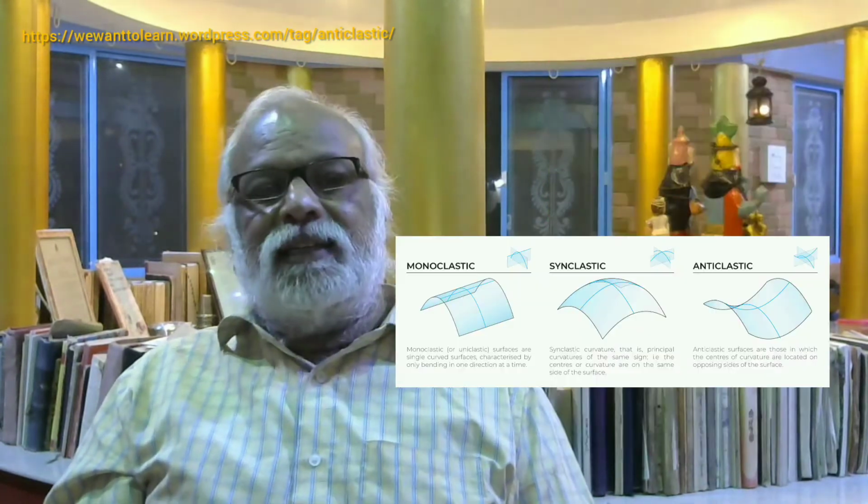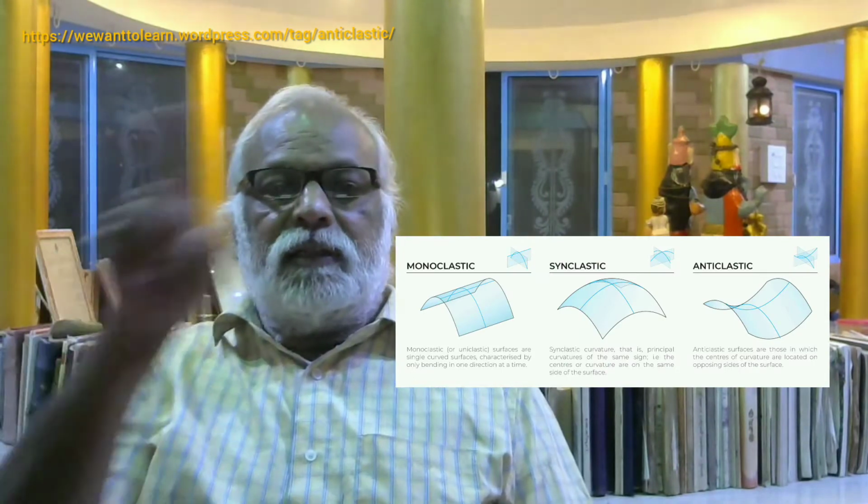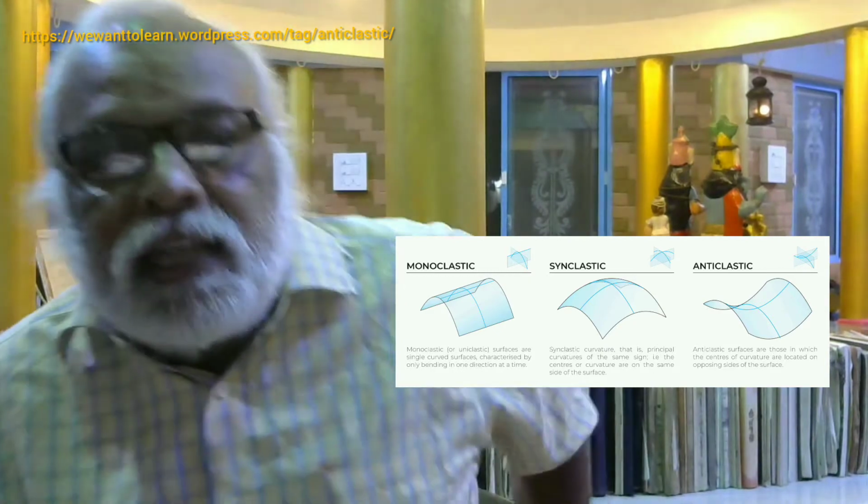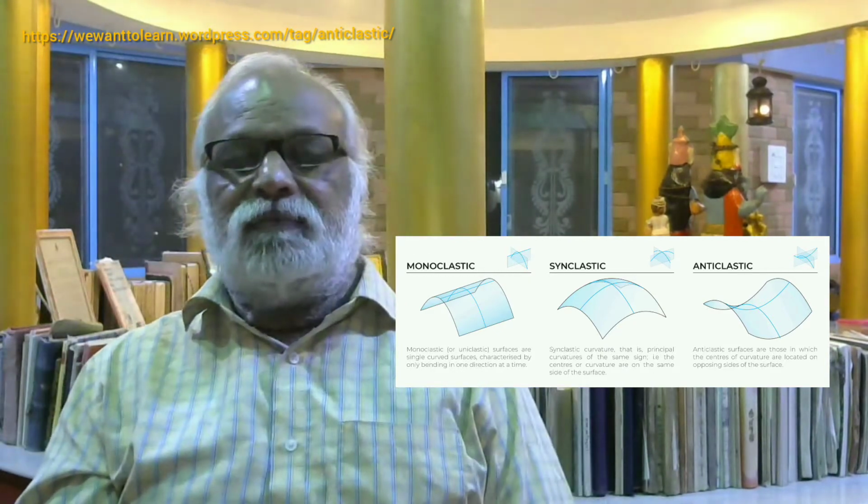Only in the side view or the cross section can you see the curvature. That positive curvature is called synclastic. So a cylindrical shell is a synclastic shell.